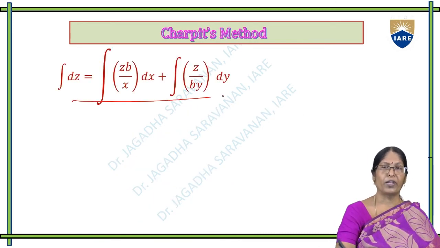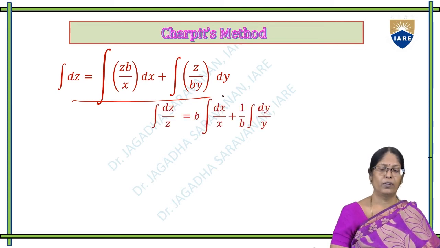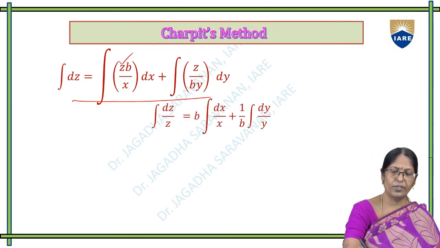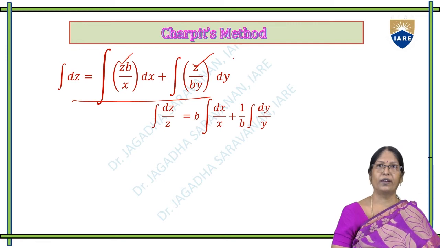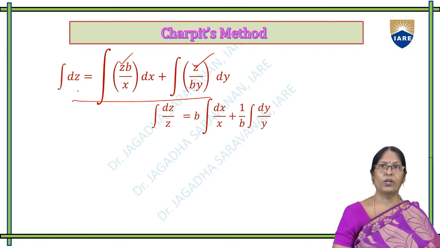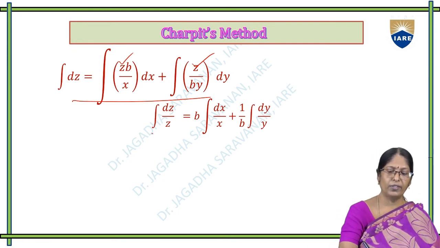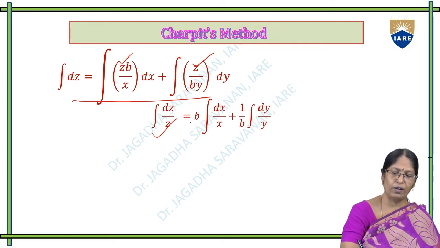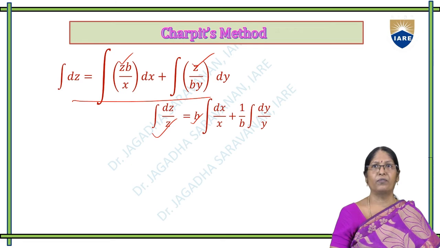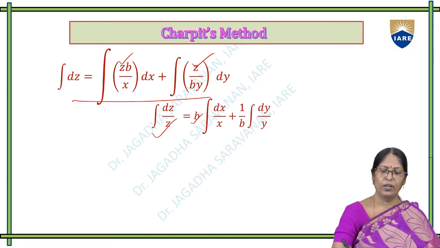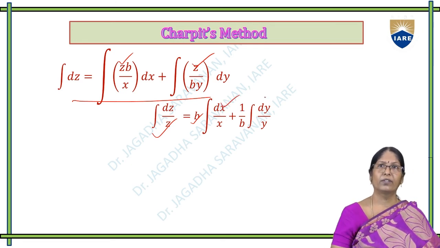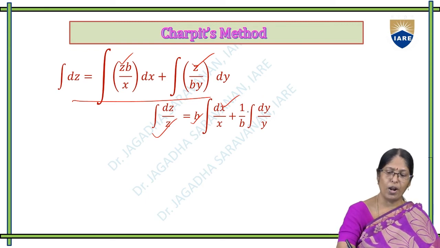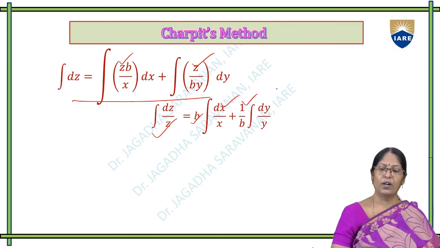So here the integration is there. Now here z is there, here also z is there. Just we are bringing them towards the left. So dz by z. Here the b we have just placed in front of the integral. So dx by x plus 1 by b dy by y.